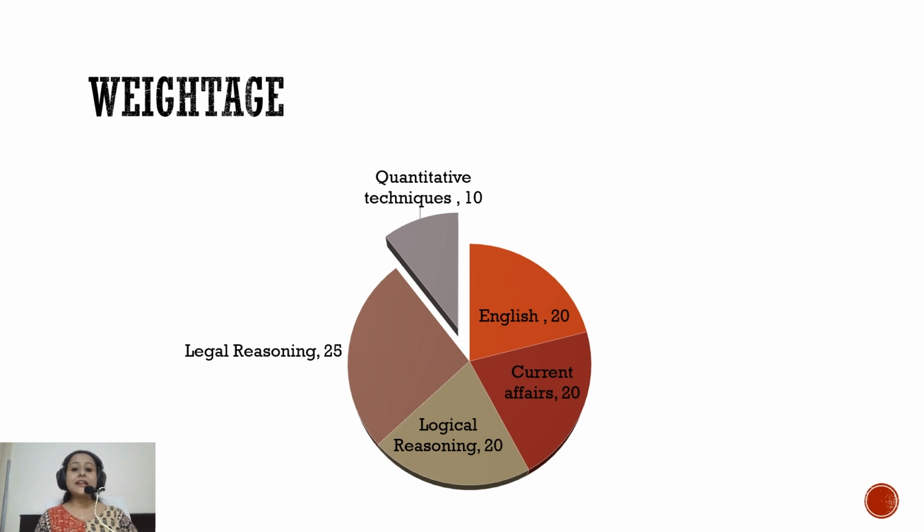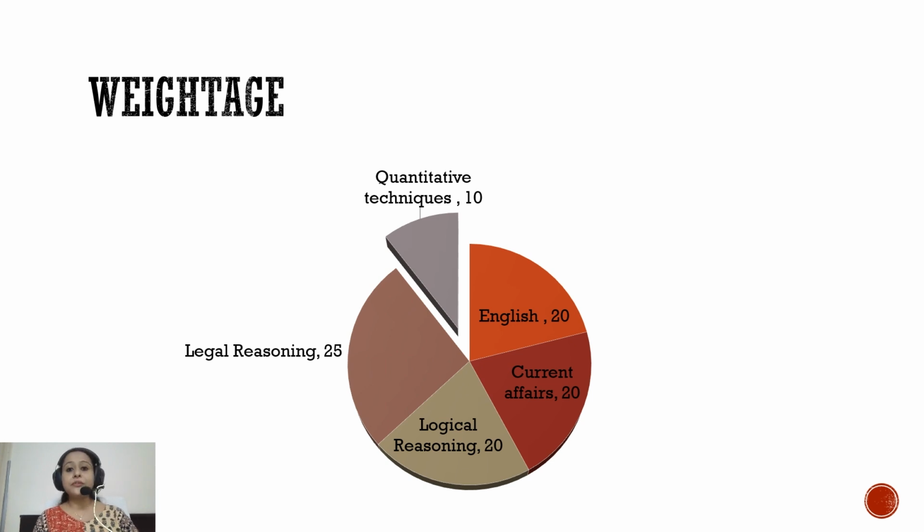Many students think that since quantitative techniques has the least weightage, they avoid this part. But I will suggest, instead of avoiding quantitative techniques, you should focus more on learning different tools and techniques to solve numerical problems, because quantitative techniques is a subject that can help you score 100% if you can apply tools and techniques effectively.